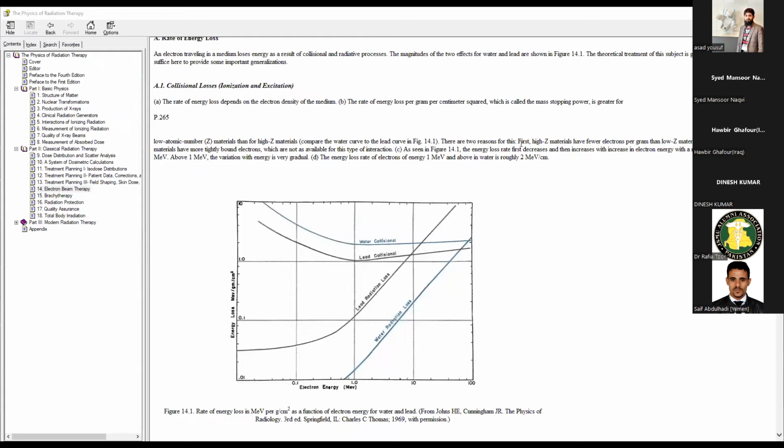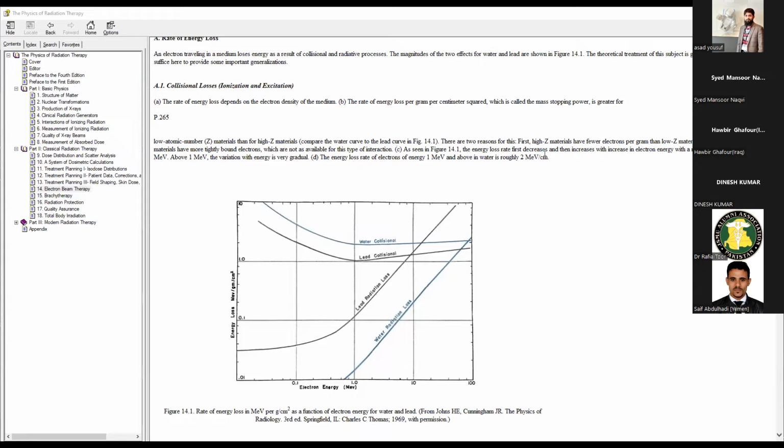There are two reasons: high Z material has fewer electrons per gram than low Z material has. And second, high Z material has more tightly bonded electrons, whereas in water they are loosely bonded, which are not available for this type of interaction, as seen in figure 14.1.